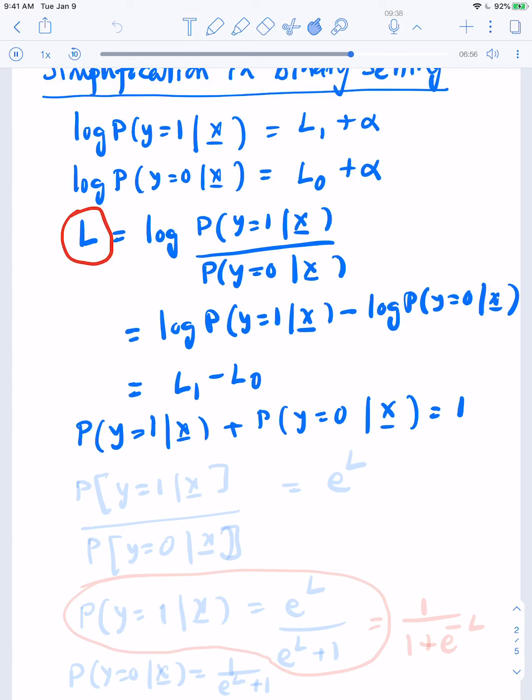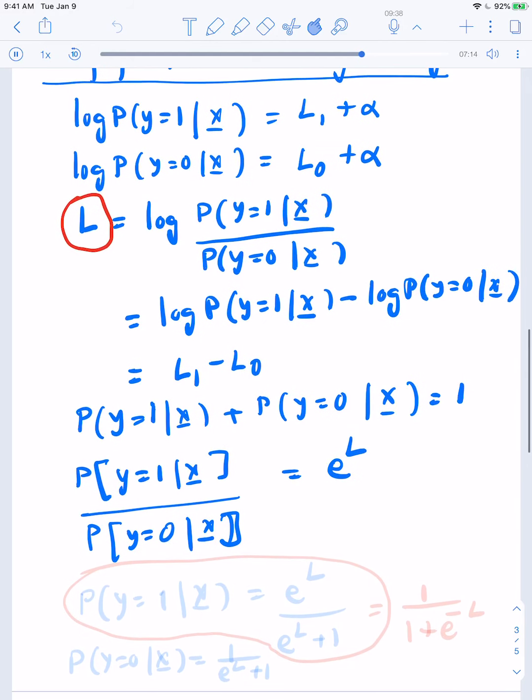And when we undo the log there, we have that the ratio of the two, the probability of y equals 1 given x divided by the probability that y equals 0 given x, is e to the L. And so when we put these things together, we see that the probability of y equals 1 given x is going to be e to the L over e to the L plus 1.